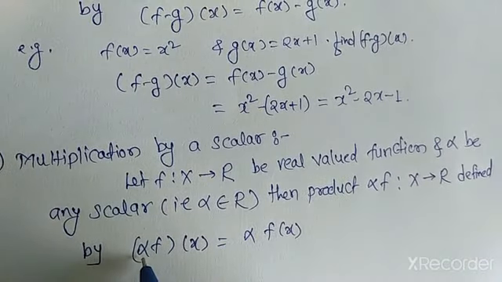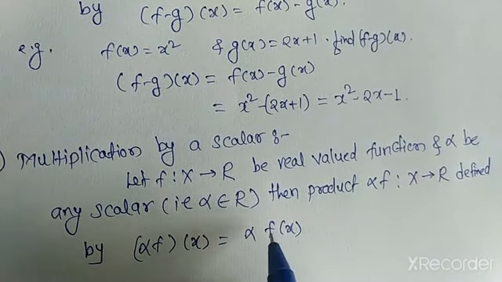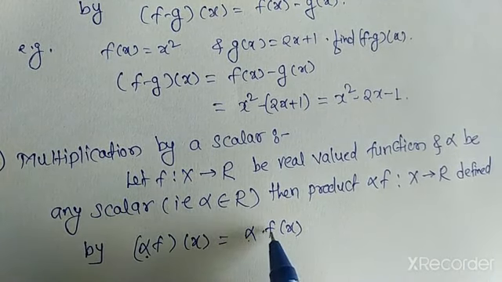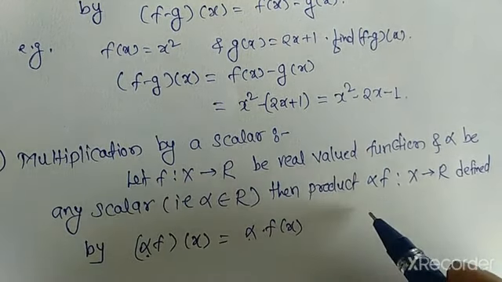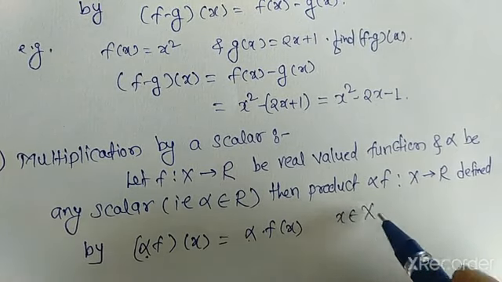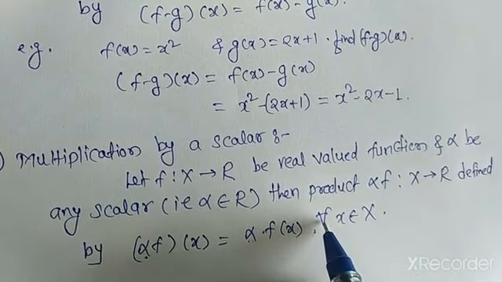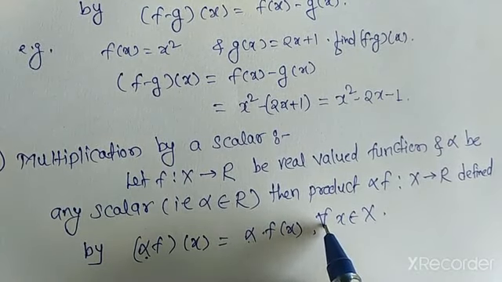Here alpha is a scalar term, so we can't write alpha of x into f of x. We have to write alpha into f(x), where x belongs to capital X, or it can be written as for all x. This sign denotes for all.